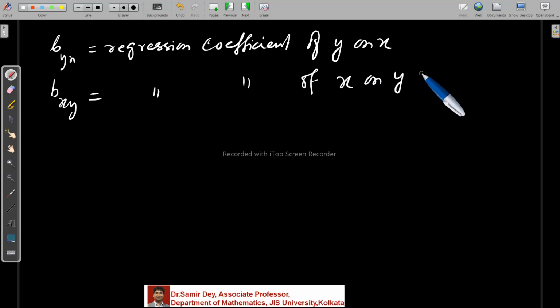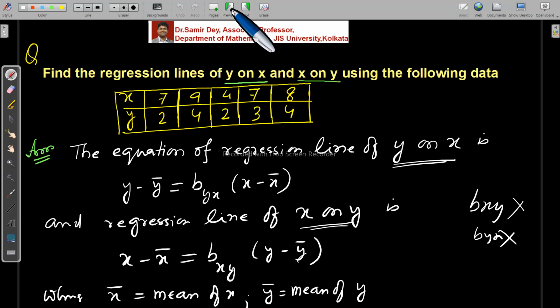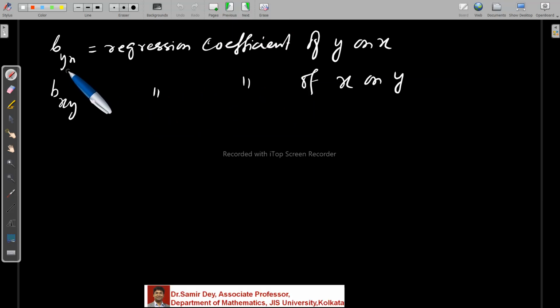Is it clear to all of you? Very good. Now you can see, if I can identify these four things, that is x bar, y bar, b_yx and b_xy, we can find the regression lines of y on x and x on y.